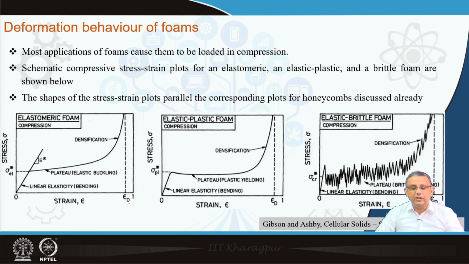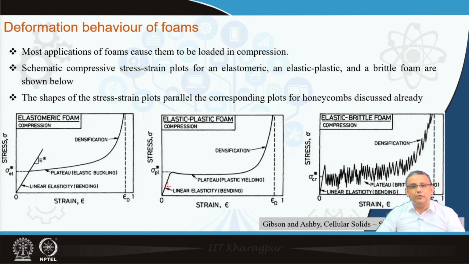The middle curve that we see over here is called the stress strain behavior for elastic plastic foams, typically observed for metallic foams especially. Here again in the elastic region we have the elastic bending, and that will give rise to this linear elastic slope.